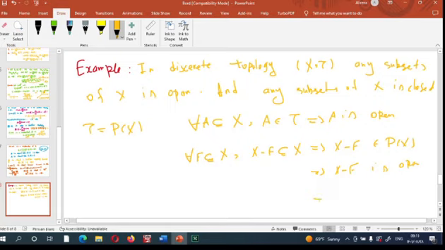Okay, so F is closed. Any subset of X is closed and any subset of X is open in discrete topology.